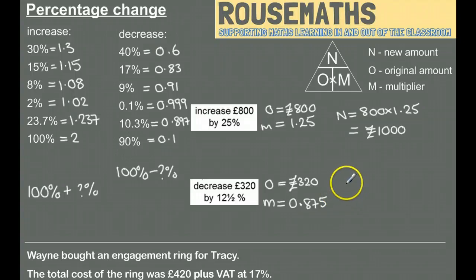If we then take our original amount and we need to multiply it by 0.875, that's going to give us £280.